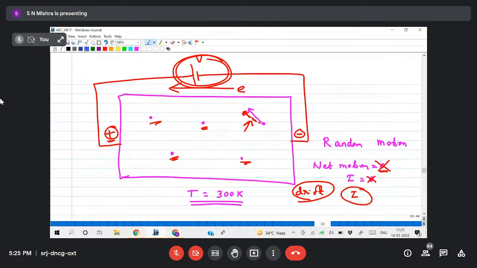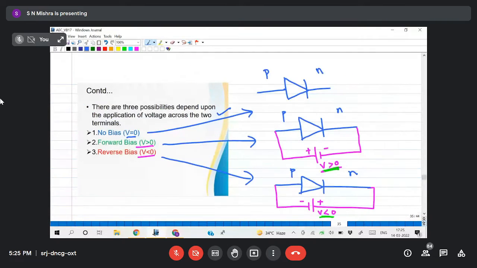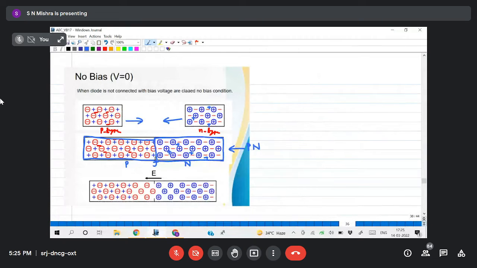So here now observe. In this case, I'll get more P means holes, and here more electrons. In this area, I'll find more number of holes and less number of holes here.